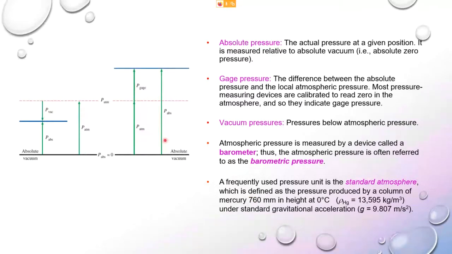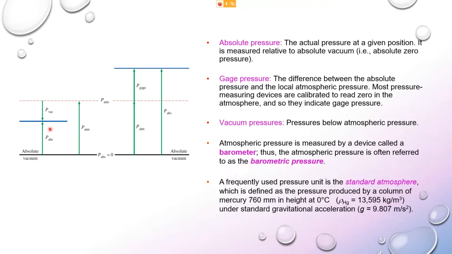So this is the diagram showing you that the absolute pressure is equal to the atmospheric plus gauge pressure. The absolute pressure is atmospheric pressure plus gauge pressure. Vacuum pressure is any pressure that is below the atmospheric pressure.